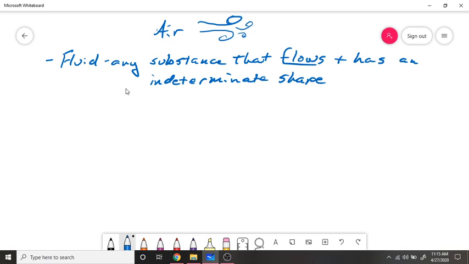That means it's not defined as to what the shape of it is.